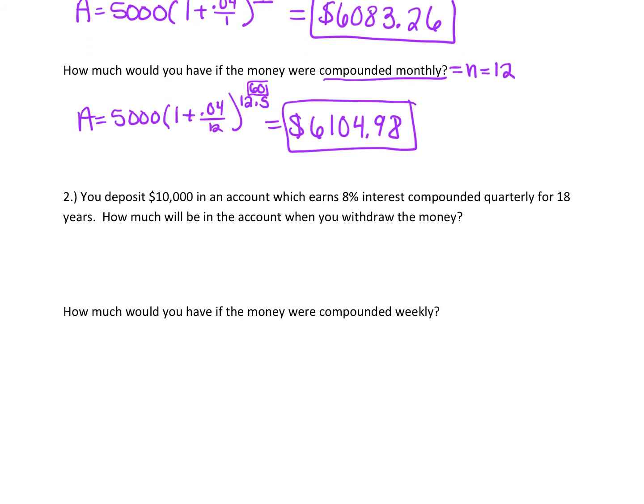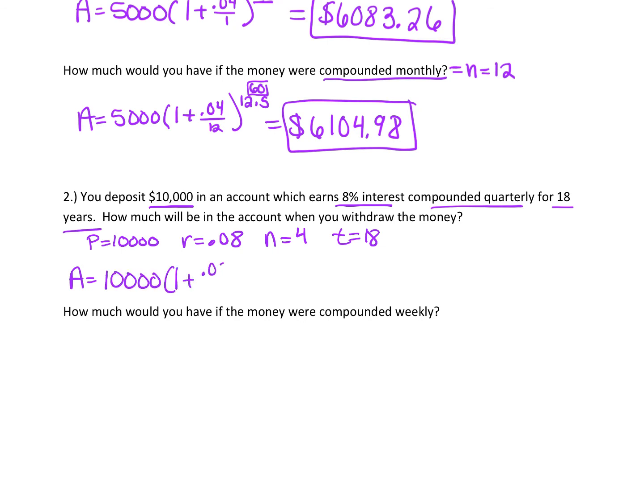All right, it says if you deposit $10,000 in an account that earns 8% interest compounded quarterly for 18 years, how much will be in that account? So my principal is $10,000. My rate is 0.08. My number of times compounded, if it's quarterly, that's 4. And my time is going to be 18. So A is going to equal 10,000 times 1 plus 0.08 divided by 4 to the 4 times 18th power.